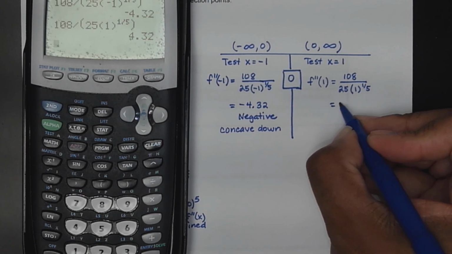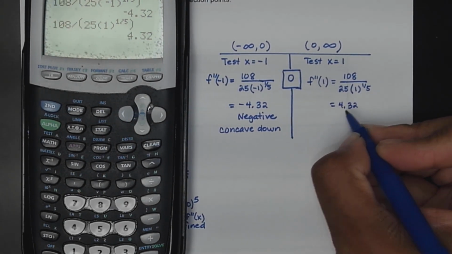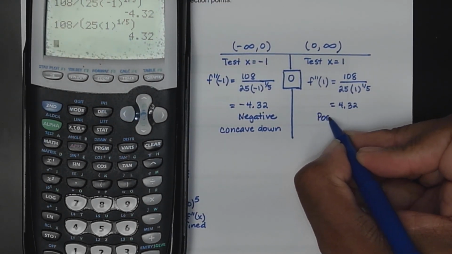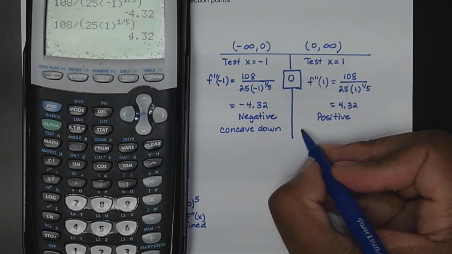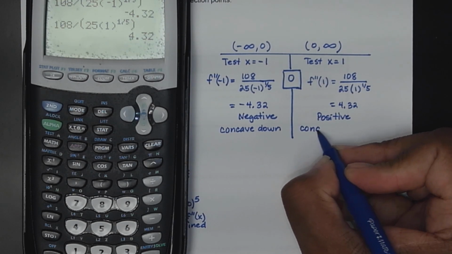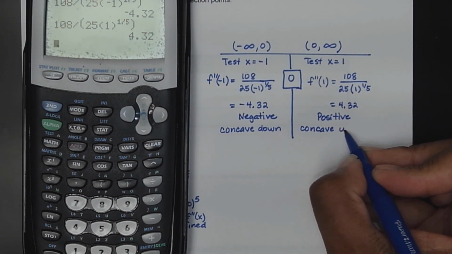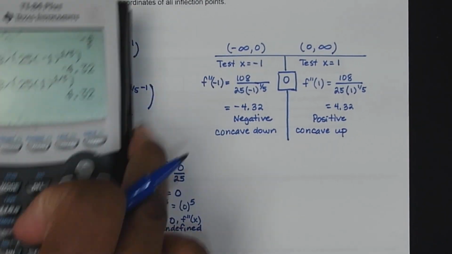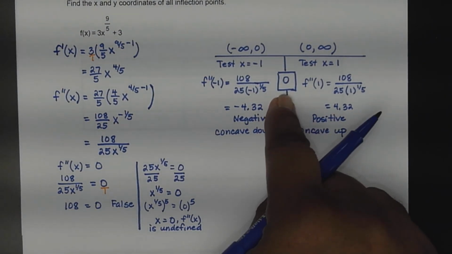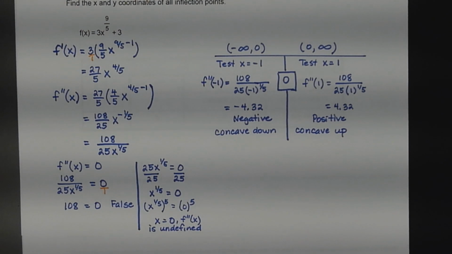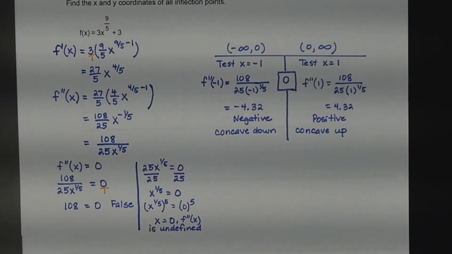Here's going to be positive 4.32. So that means from 0 to infinity, the graph of the function will be concave up. And notice we have a change in concavity. So that means at x equals 0, that will be our point of inflection.